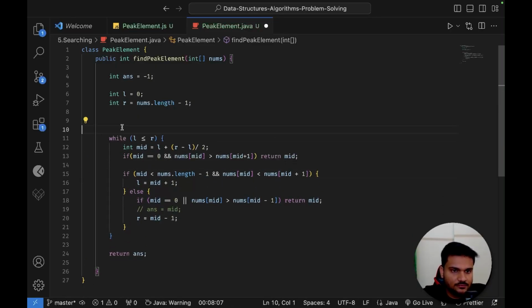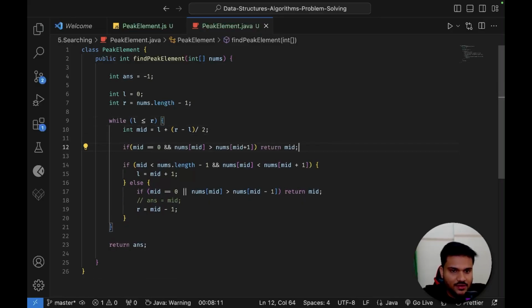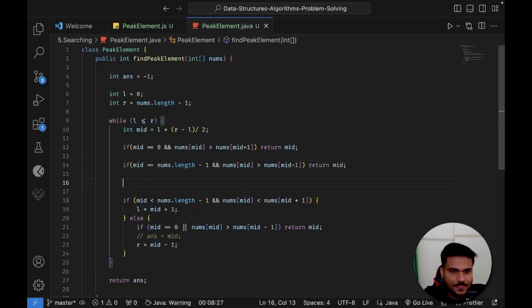Otherwise, if mid is equal to nums dot length minus 1 and nums of mid is greater than nums of mid minus 1, then also you return mid.